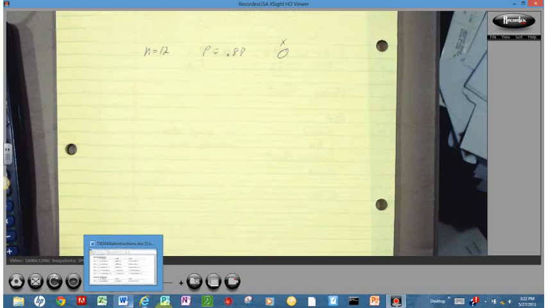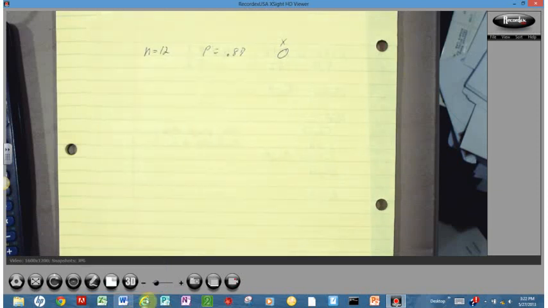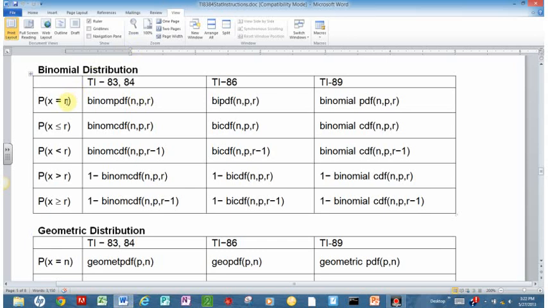So going back quickly to this, I'm going to use this one right here to get my probability. So on my calculator then, what I'll do here is I'll just do a binomial. So I'll jump back to that real quick.